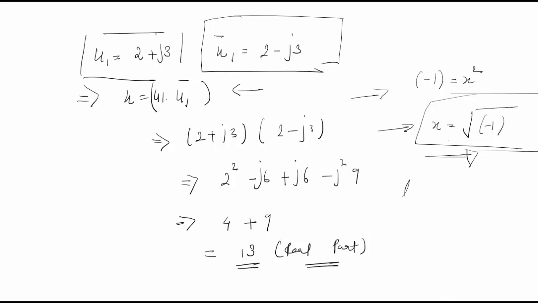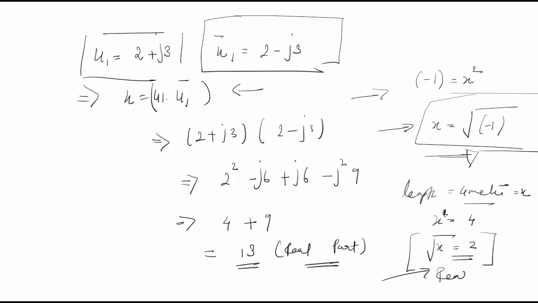Suppose I am finding a length of 4 meters, so my x square, if I say, is equal to 4, then it's possible to find the square root of whatever value you have. Suppose x square is equal to 4, then x is equal to 2, which is easily found. So whatever answer you get will have a real part. But if you talk of such kinds of problems, there will be both real and imaginary parts.